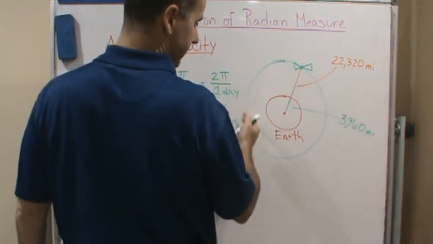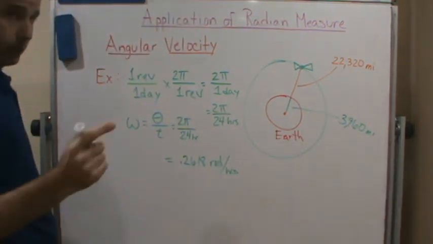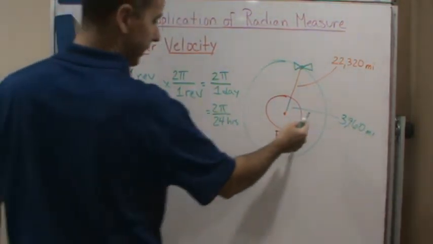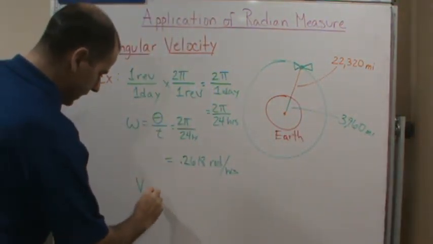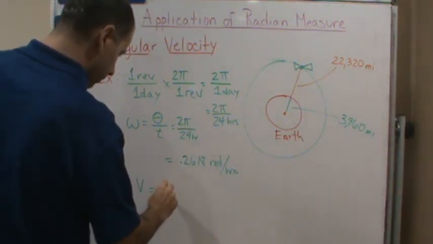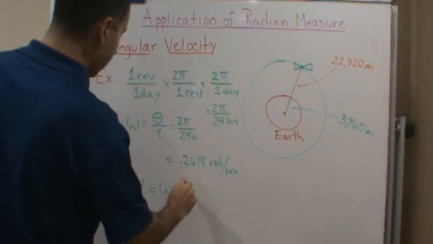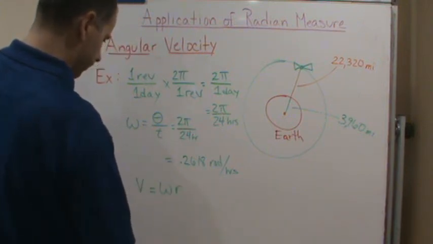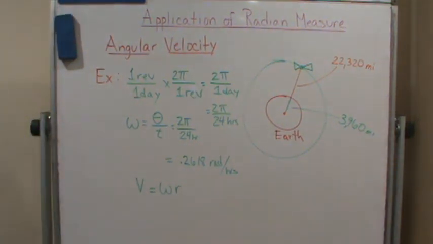Well, it's going to be the path of the orbit of the satellite. So that's going to be this plus this. So the velocity of the satellite is going to be equal to omega times r.